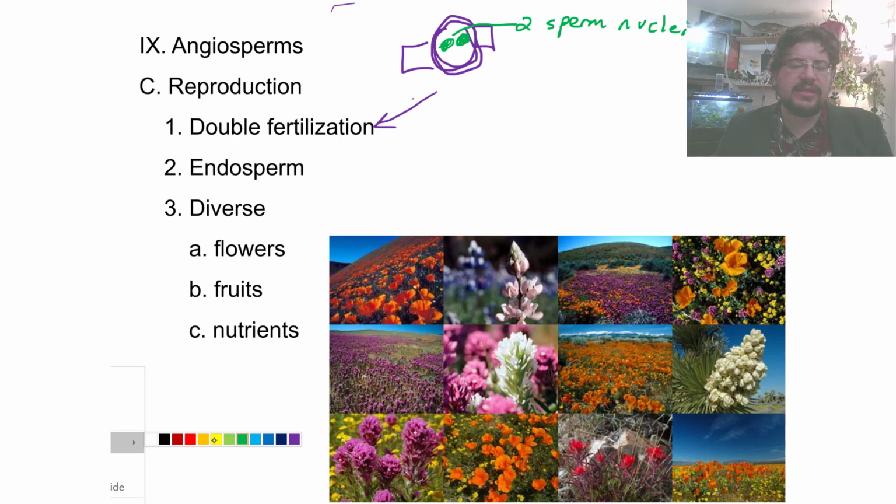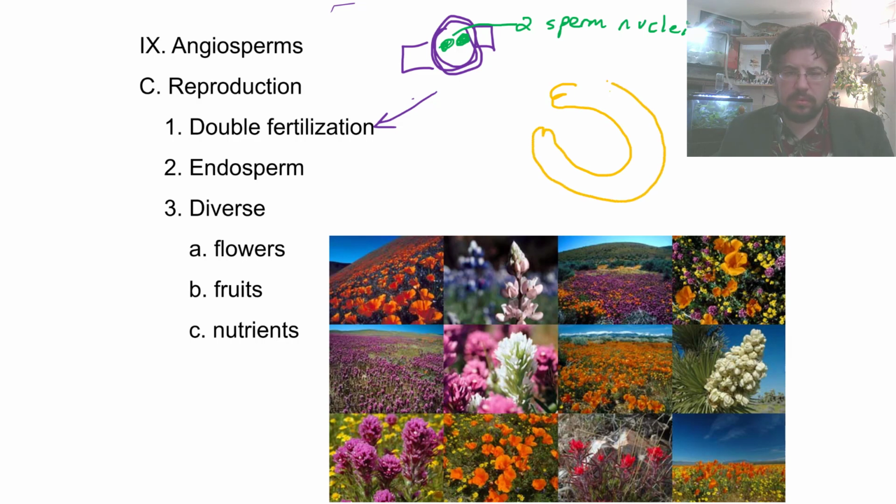Now, let's talk about the ovule of an angiosperm. So we got that double integument layer. Right? Then we have our megasporangium.